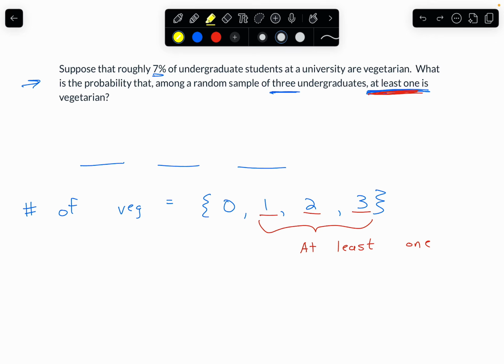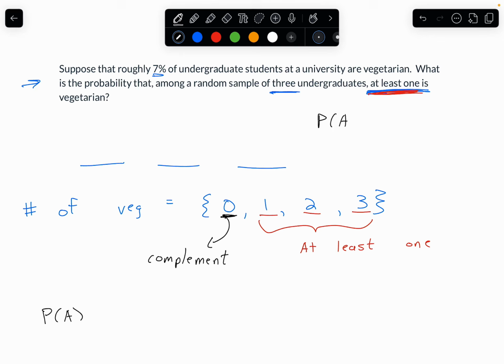That sounds like a lot of work. The other way that I could approach this problem is I could say, hey, the only number that I didn't count right here is 0. This is the complement of what I am looking for. It would be a whole lot easier to use the complement. If I want to find the probability of an event, actually, let's write it down here.